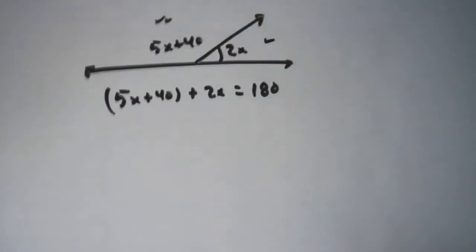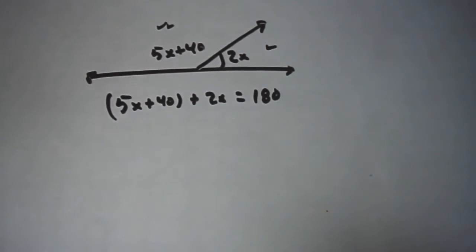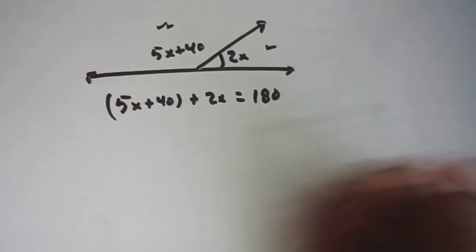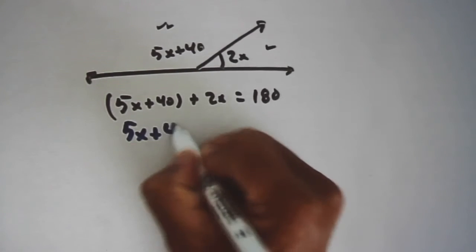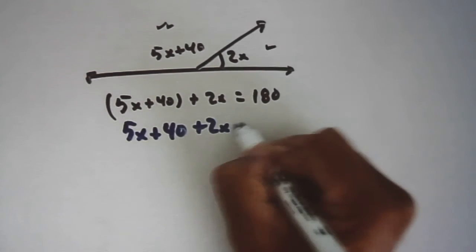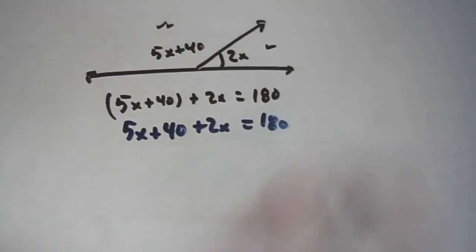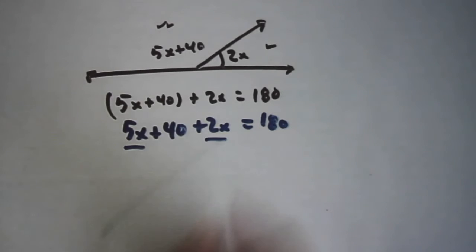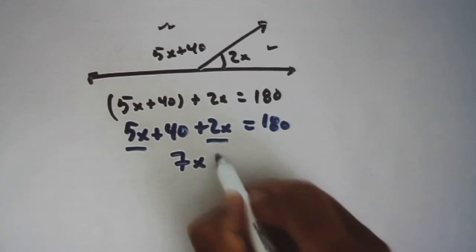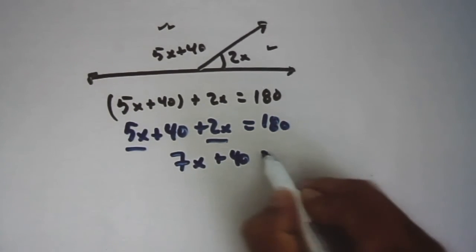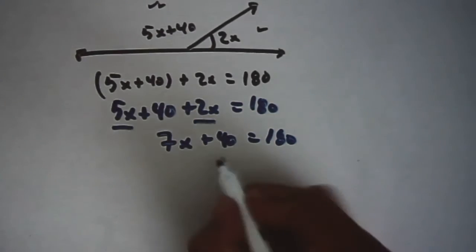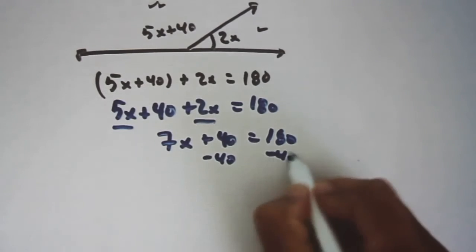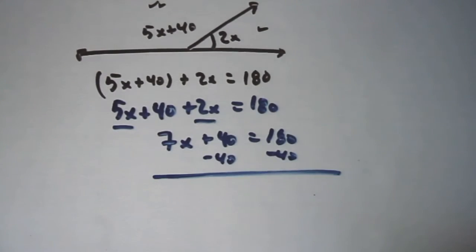And then on the left side, a little algebra simplifying. We can remove the parentheses. That allows us to do this, and we'll add them together. Gather up like terms. We have a 5x plus a 2x gives us 7x plus the 40 equals 180. Subtract 40 from both sides of the equation. And notice how we write it out going downwards.